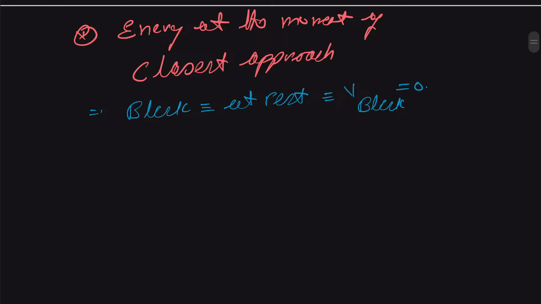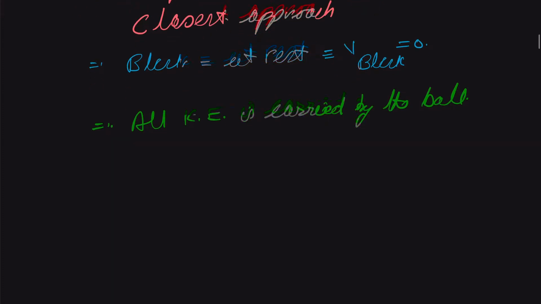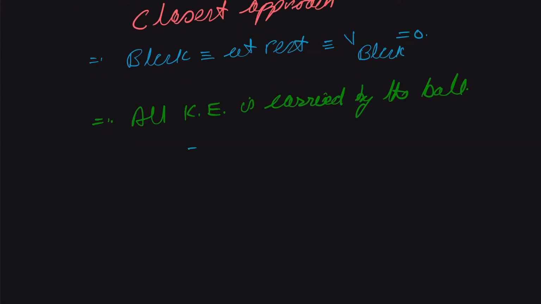So it means by the conservation principle, we can write all kinetic energy is carried by the ball. And at this instant, let us assume that the ball's velocity, the ball speed at this moment, let us suppose this is V max.